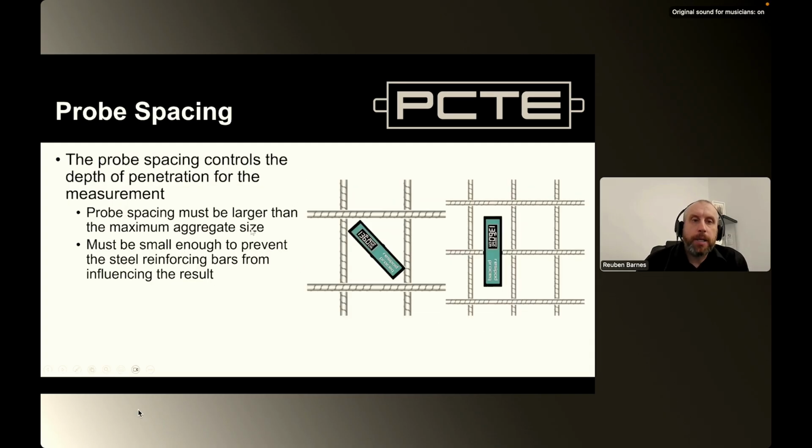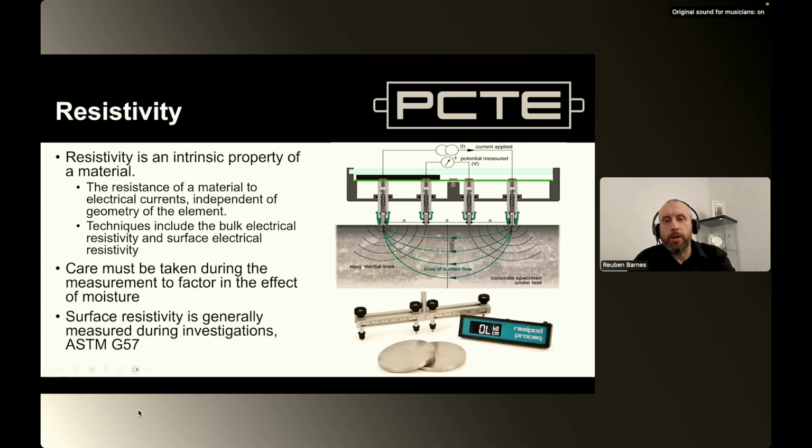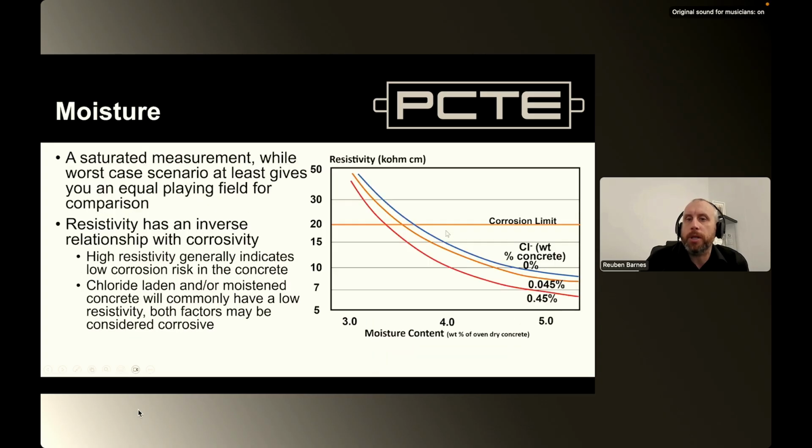The probe spacing is relatively important. Obviously, when we're doing our measurement, imagine the scenario that this Resipod here was in perfect line with the rebar just here. From that initial image, if we have a reinforcing bar just here, obviously that's going to affect first the current flow, but then also the voltage measurement that we take.